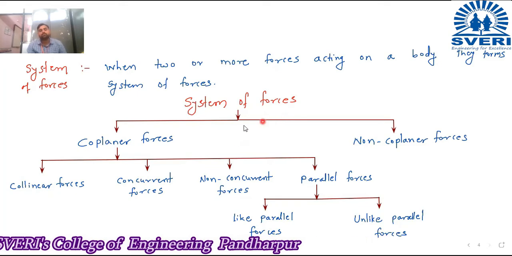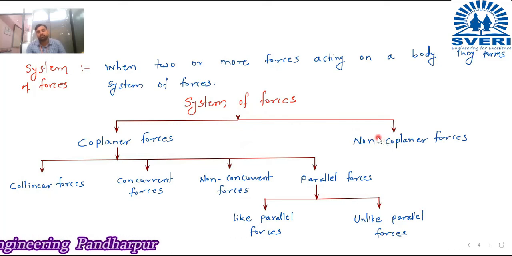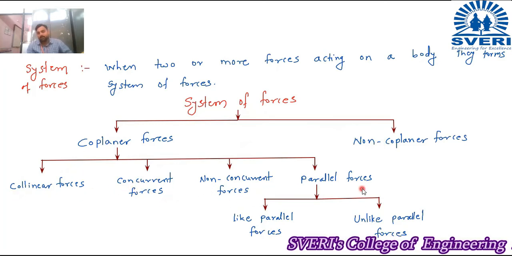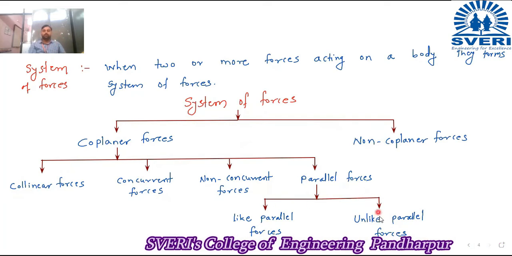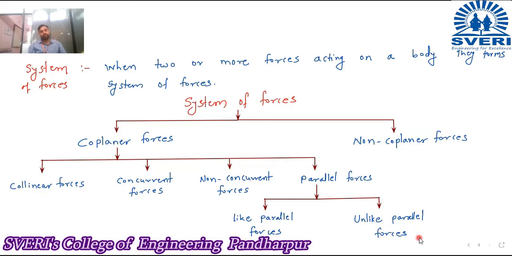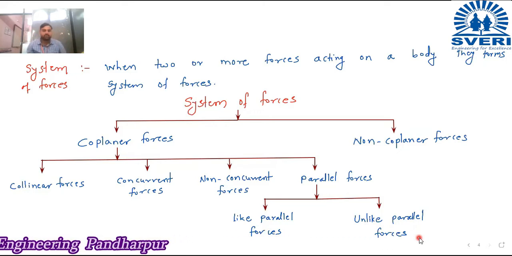The system of force is basically divided into two categories: coplanar forces and non-coplanar forces. Then coplanar forces are divided into four categories: collinear forces, concurrent forces, non-concurrent forces, and parallel forces. After that, parallel forces are again divided into two categories: like parallel forces and unlike parallel forces. This whole is together known as the system of forces.